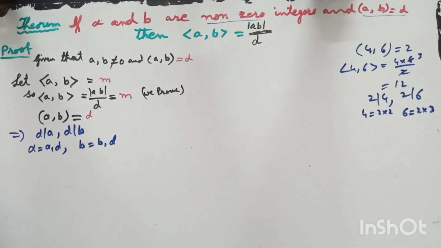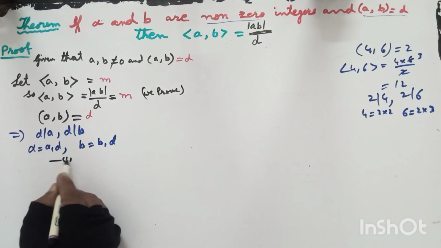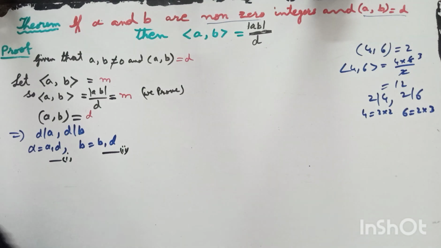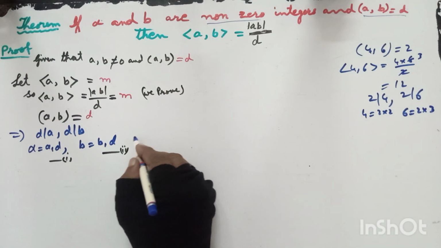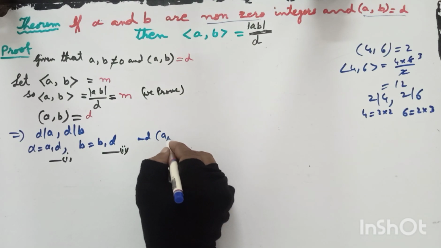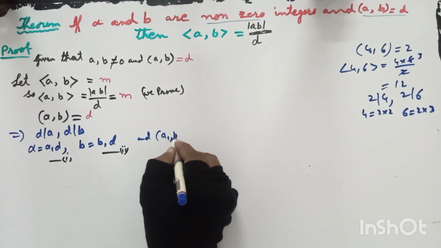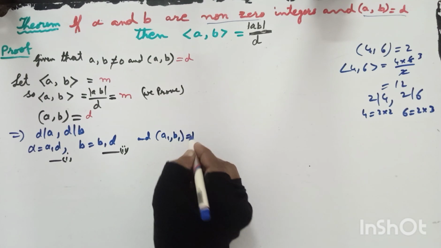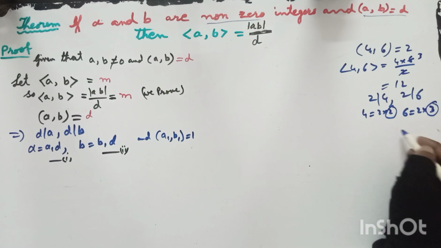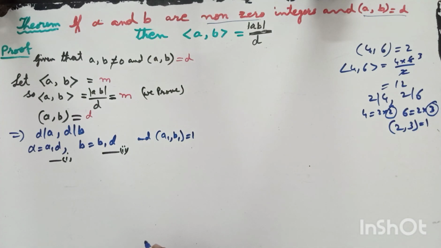This is equation 1 and this is equation 2. And you know that a1 and b1 must be relatively prime. Here 2 and 3 are relatively prime.